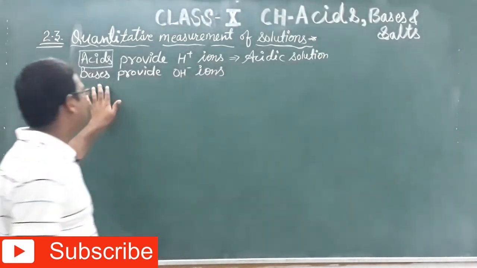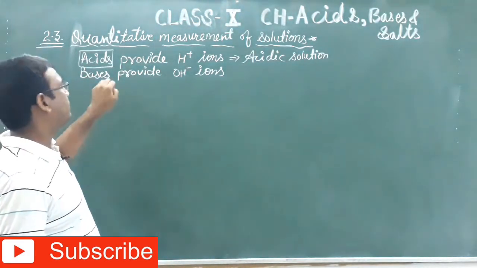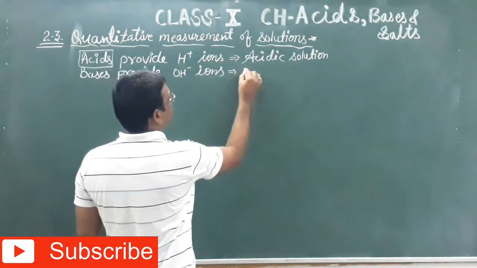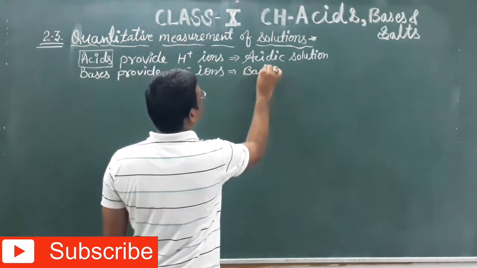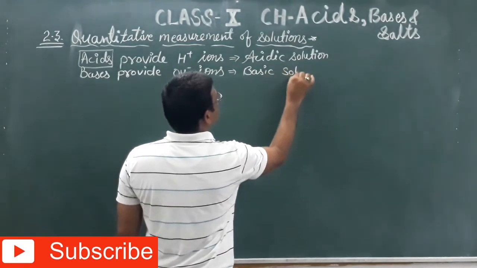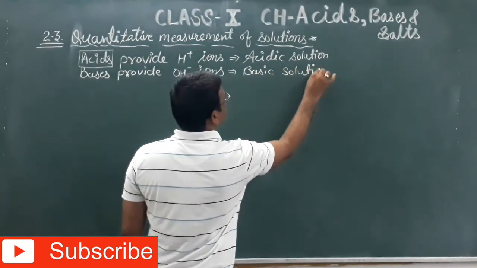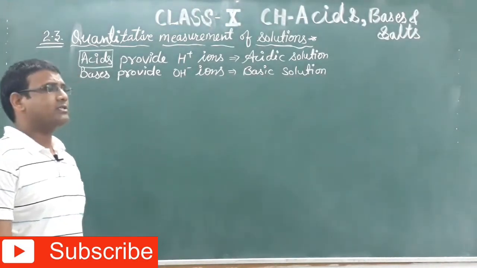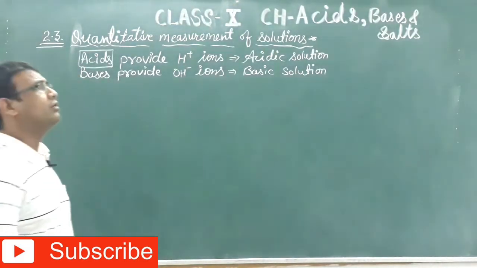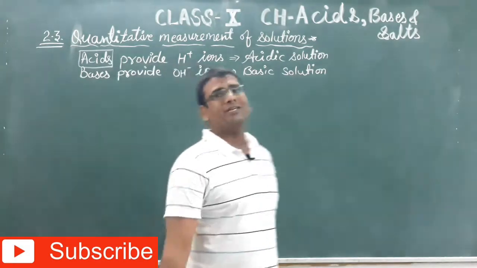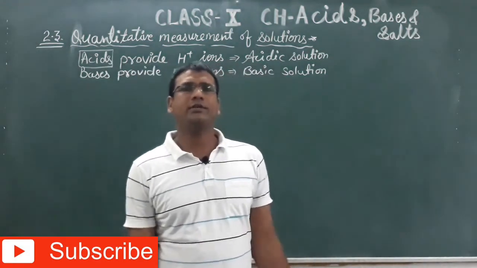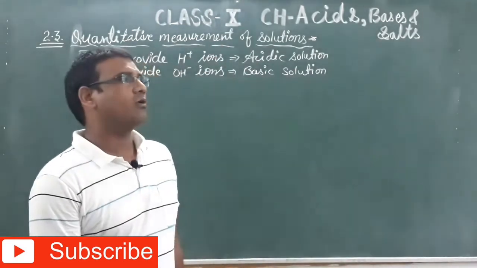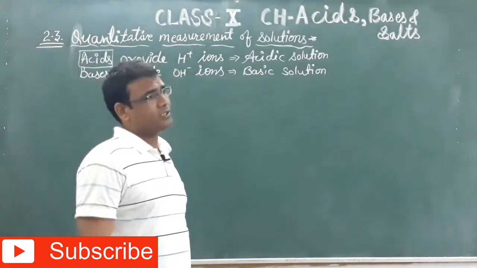And if the solution contains a base, then it is called a basic solution. This is a very common, very easy thing: if an acid is dissolved in water, it is an acidic solution, and if a base is mixed in water, then this is a basic solution.